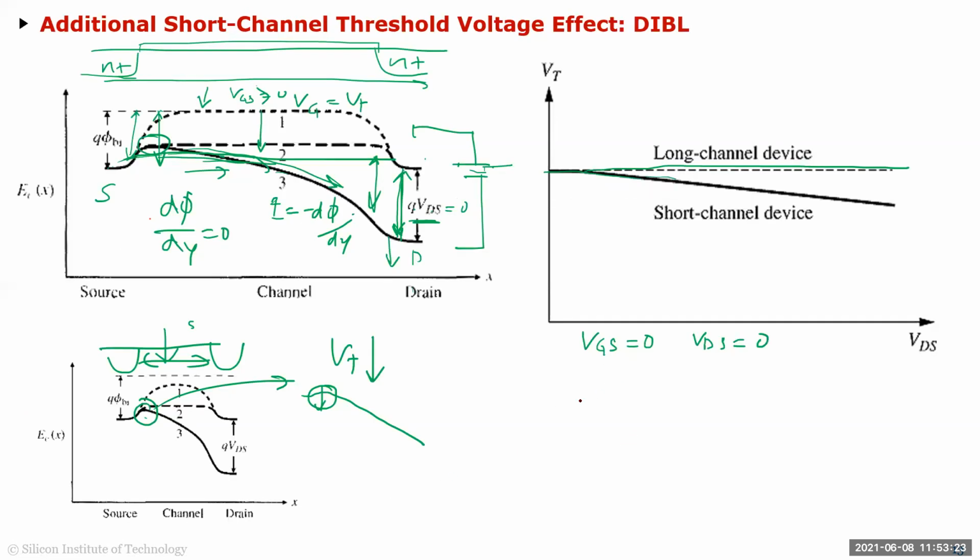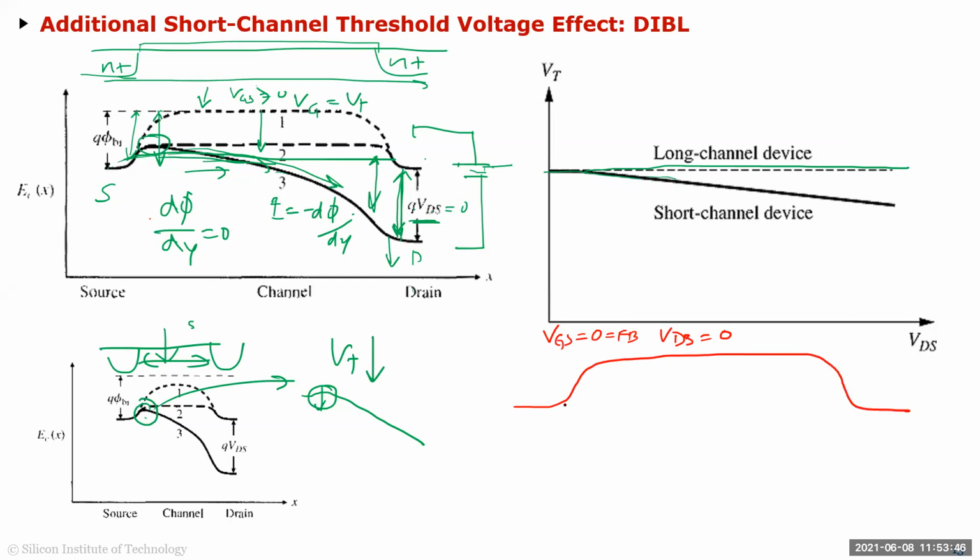So VGS equals 0, or maybe flat band, and VDS equals 0. Your conduction band going from source to drain is going to look like this.